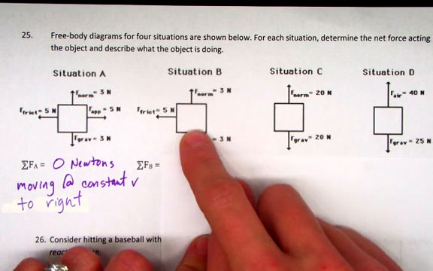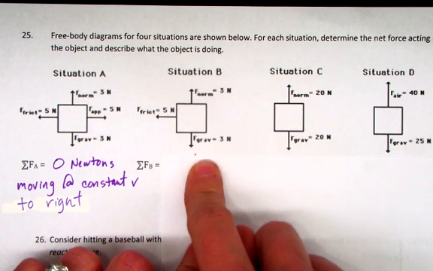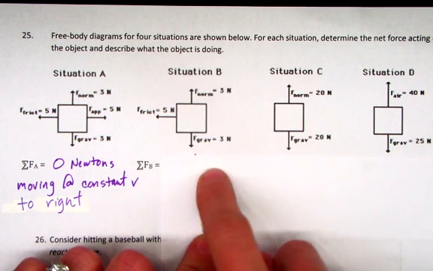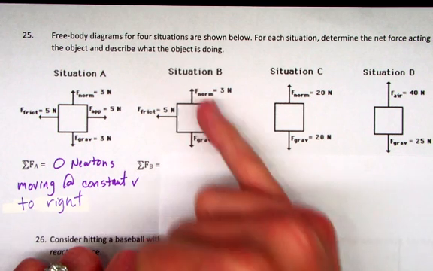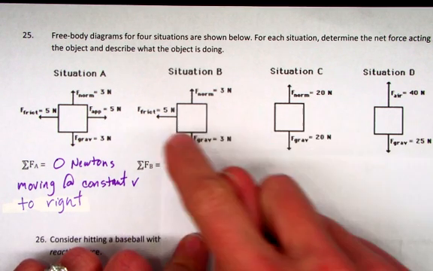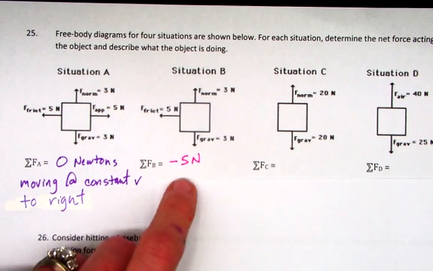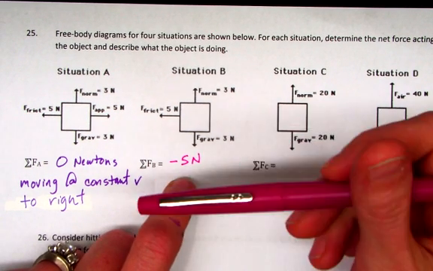Because it's friction, my guess is it's moving to the right. So the net force for this is only the friction force, which is negative 5 newtons because it's in the leftward direction. So to describe this one, I would say that this object is moving right and slowing down.